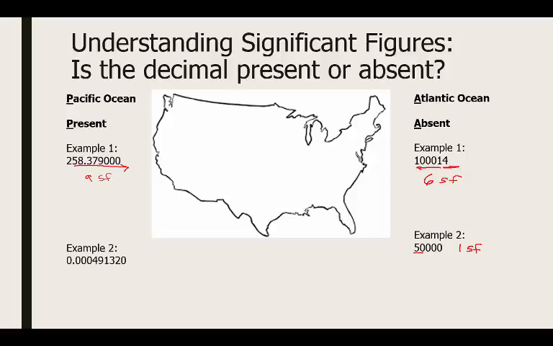So starting from the left and moving towards the right, our first non-zero number is the number 4. So the number 4 and every number that comes after it, moving towards the shore or towards the right, is significant. So we have 1, 2, 3, 4, 5, 6 significant figures in this number.